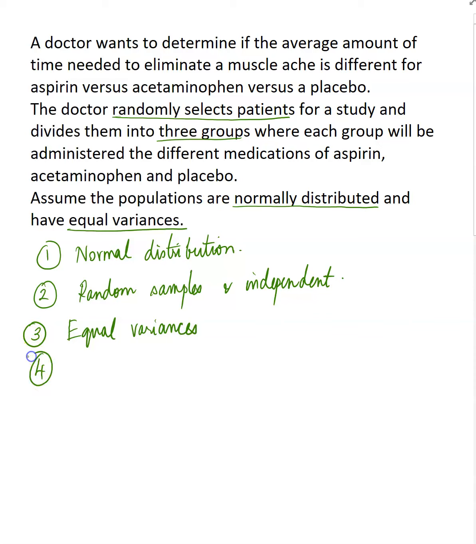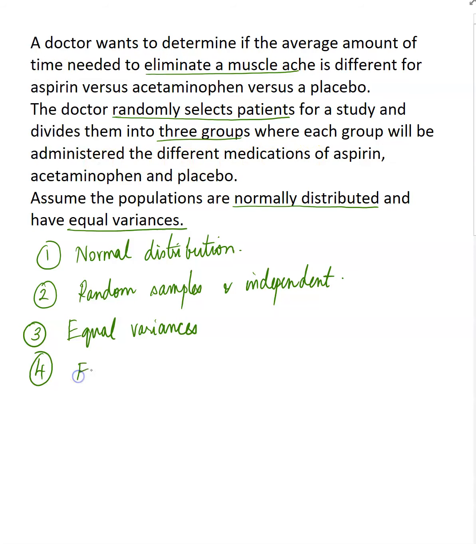Fourth condition is the factor must be categorical. Okay. So what is the factor here in this example? In this example, your factor is the type of medication that is used to eliminate muscle ache, right? So each group will be administered different medications.